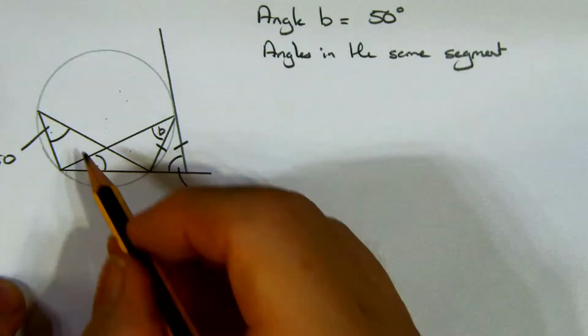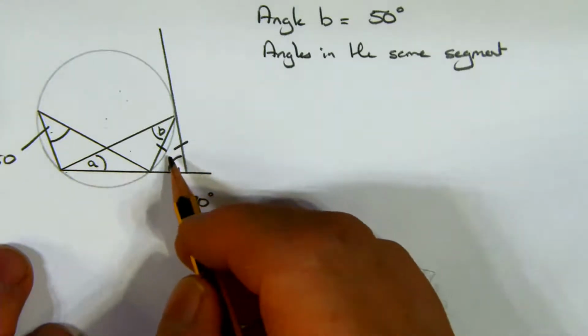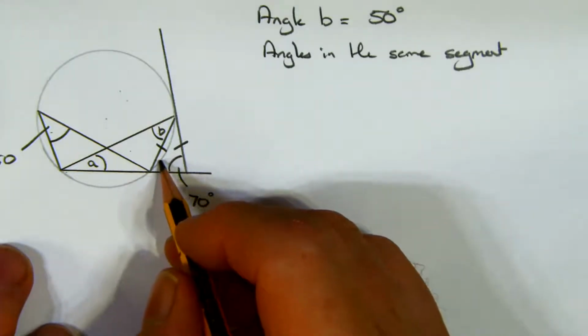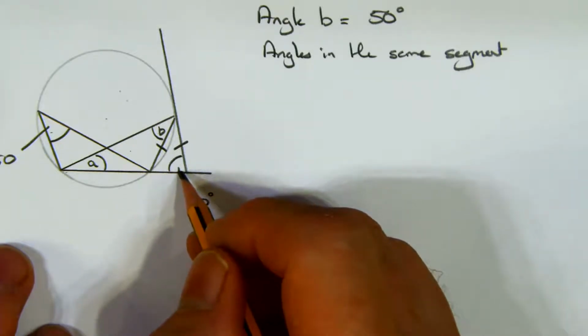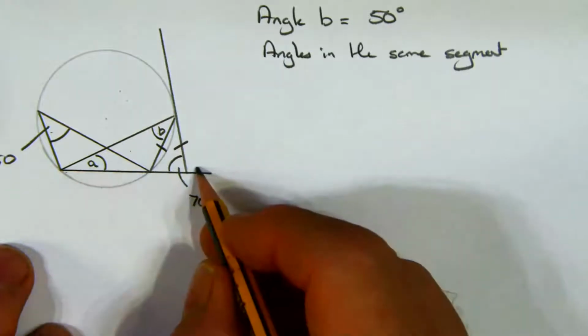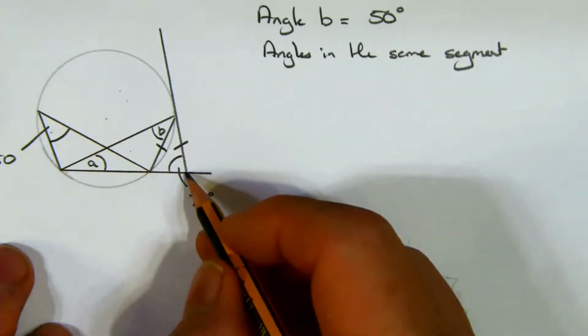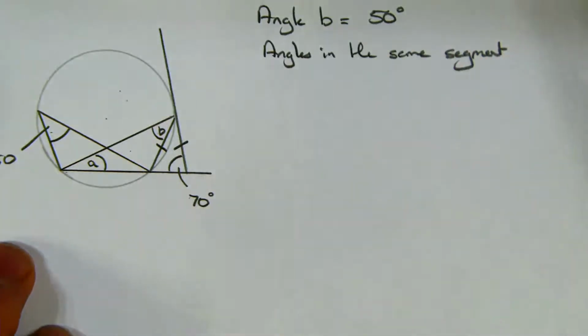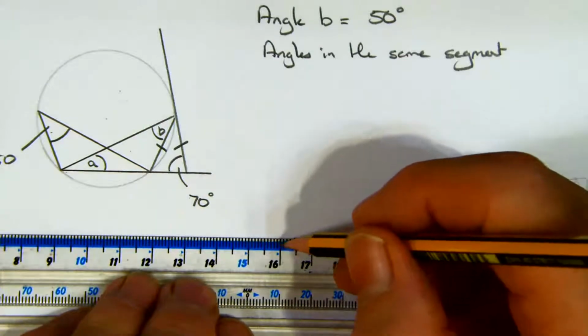Now I've got to try and work out what A is going to be. Well, not many clues here. Let's see what we can achieve. Well, if I look at angle A here, let's see if I can just take out that particular triangle.